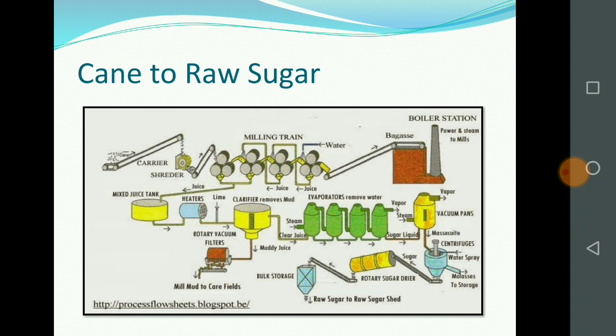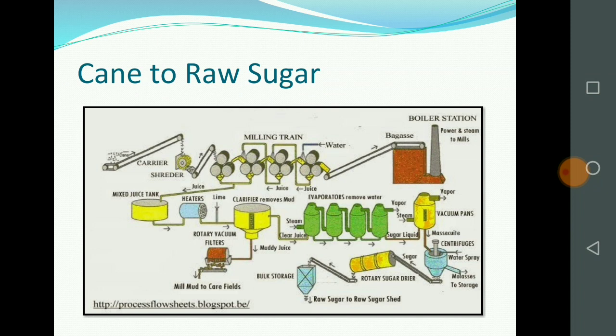Due to centrifugal force, the massecuite is drawn to the wall of the basket. As a result, the syrup flows out through the perforations and the sugar crystals are held within. These sugar crystals are coated by a film of molasses which gives them a grayish brown color.